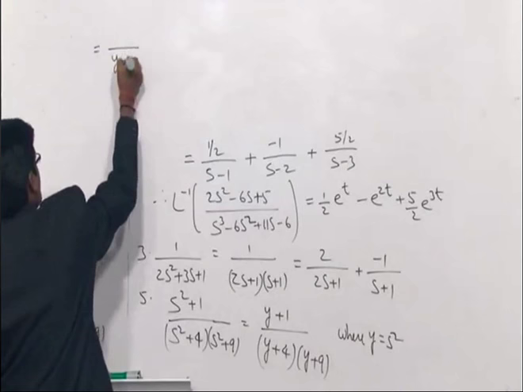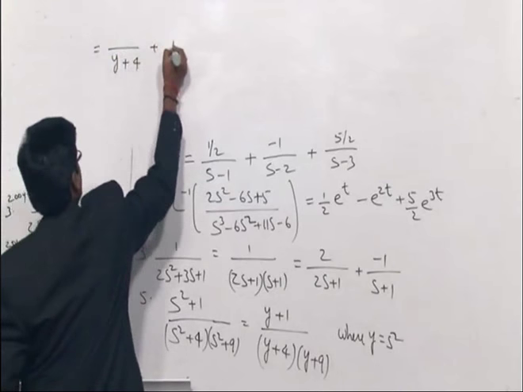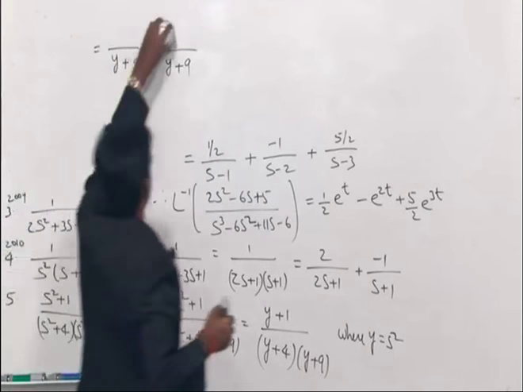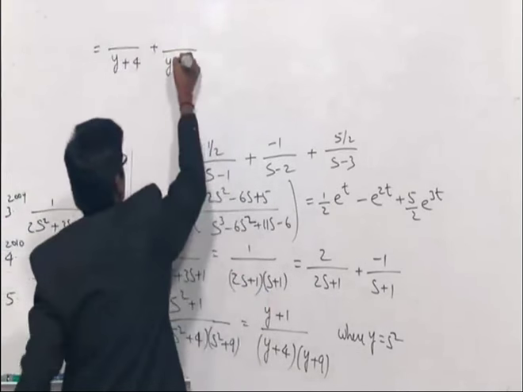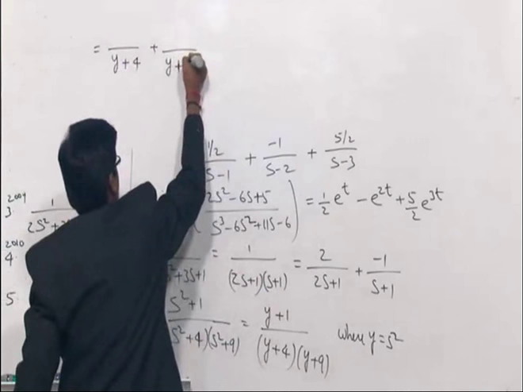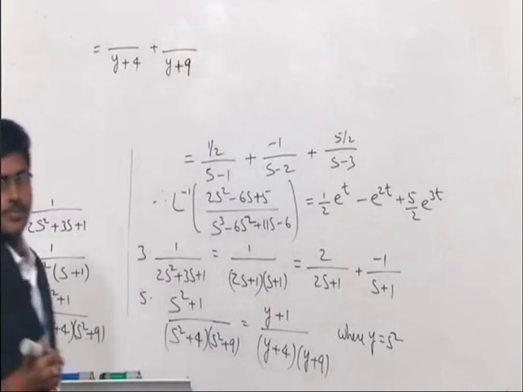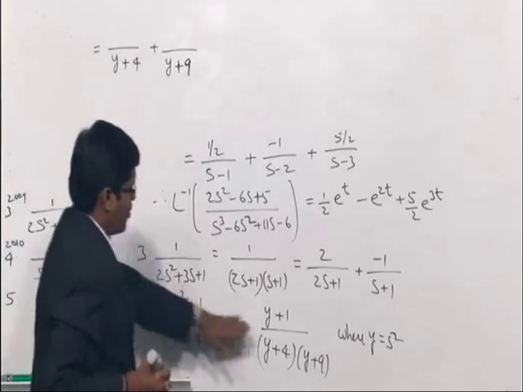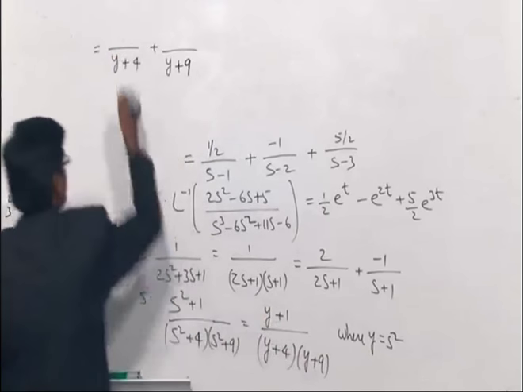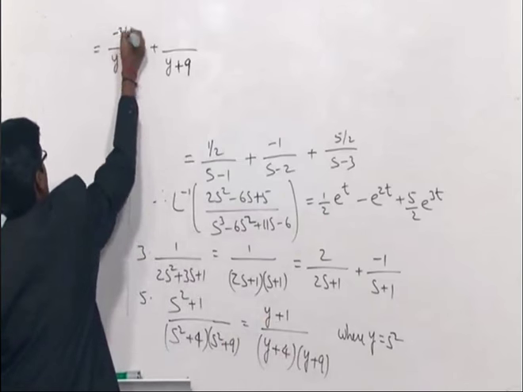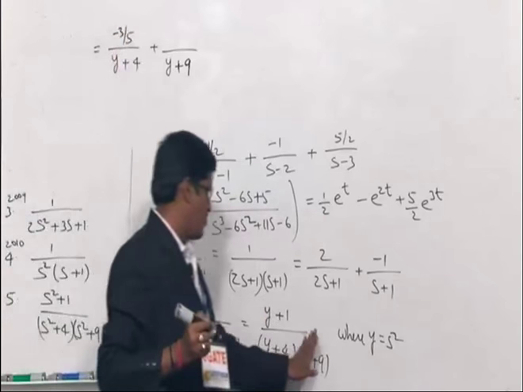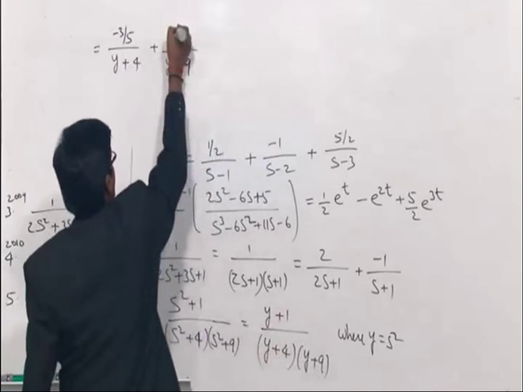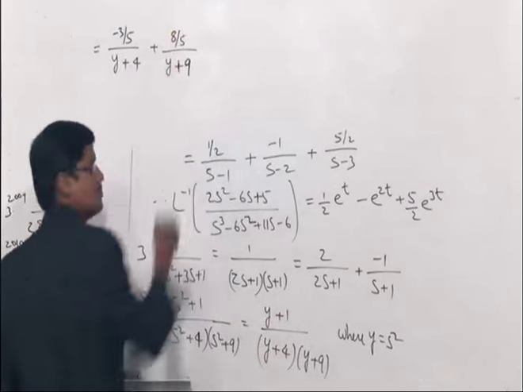Y plus 4 plus y plus 9. So to find a value, put y is equal to minus 4. This simplifies to minus 3 by 5. A value is minus 3 by 5. To get b, put y is equal to minus 9. Minus 9 plus 1 minus 8 by minus 5. 8 over 5. This is b value.